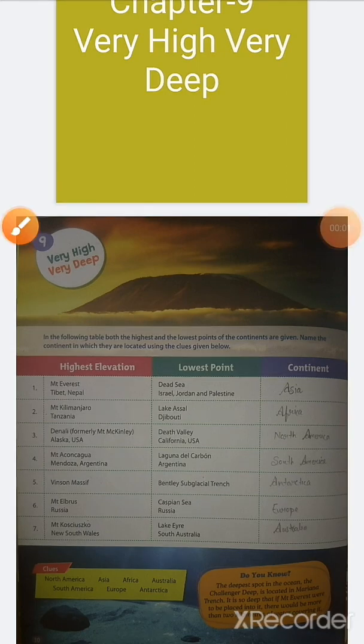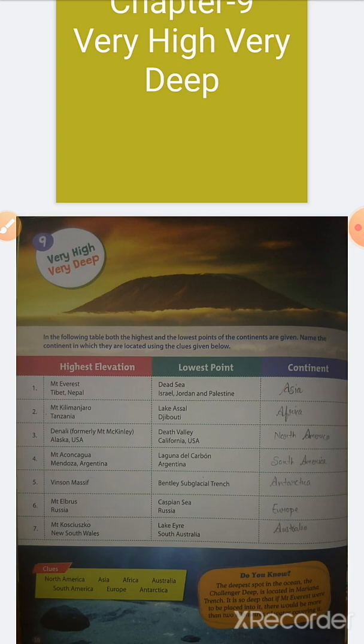So, my dear student, after reading this chapter, we are able to know in all highest elevation and lowest point. Mount Everest is the highest mountain peak in the world and Dead Sea is the lowest point in the world.